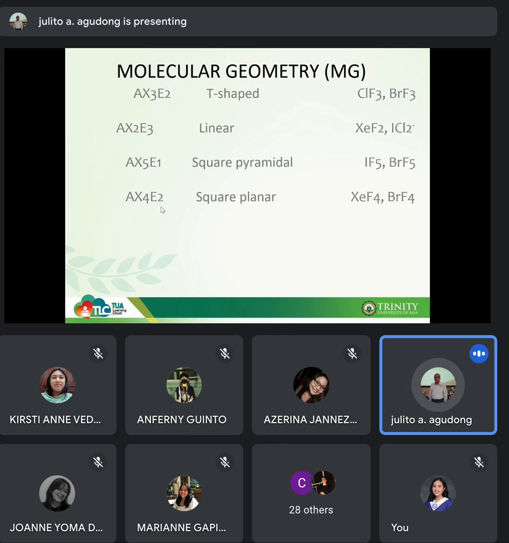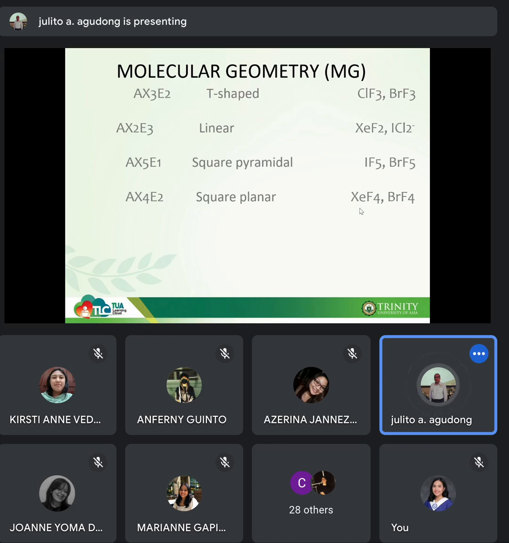So the shape of the molecule is square planar. And the 4 electron domains that contain bonding pairs are those in your equatorial position. These are the molecules that exhibit such molecular geometry: your xenon tetrafluoride and your bromine tetrafluoride. Okay?